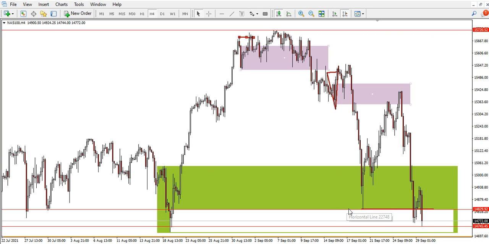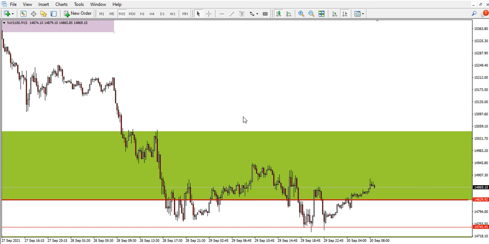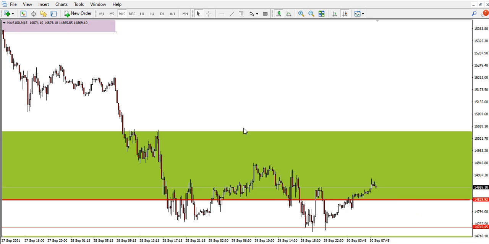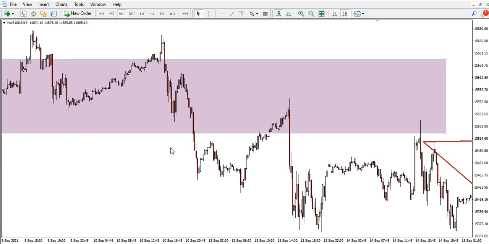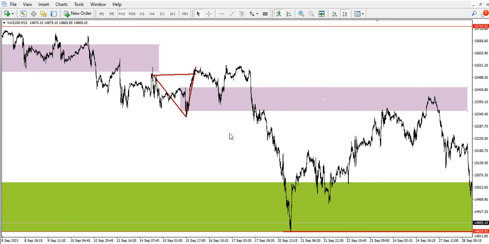We know why price returned here, so let's go to M15. On M15, remember I said we investigate 14745.45. This is the beauty of order blocks.